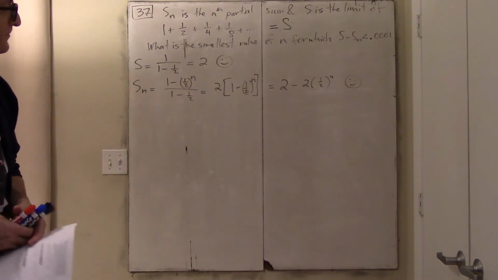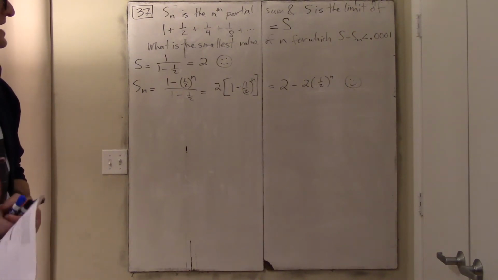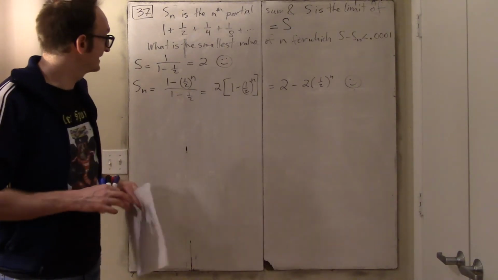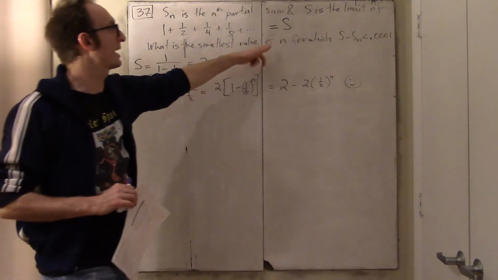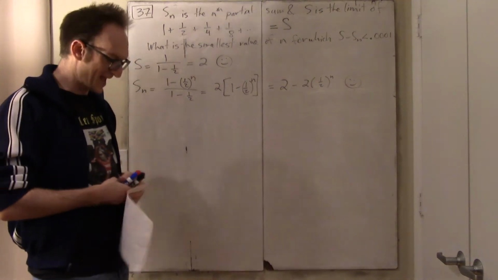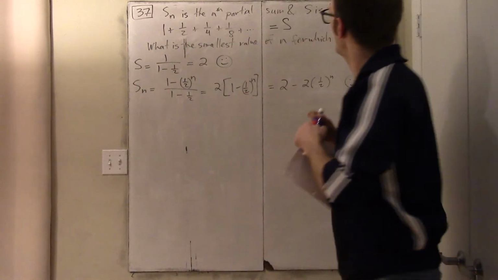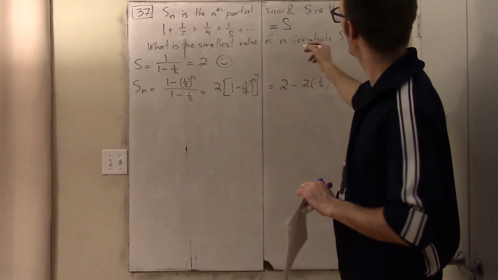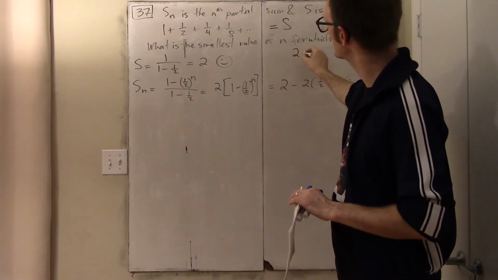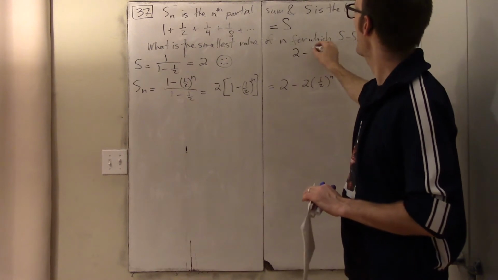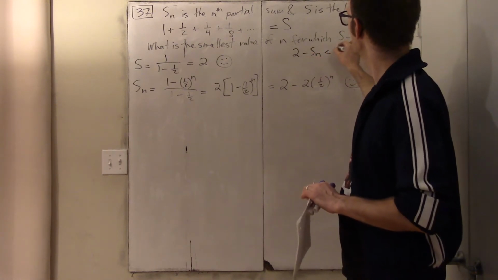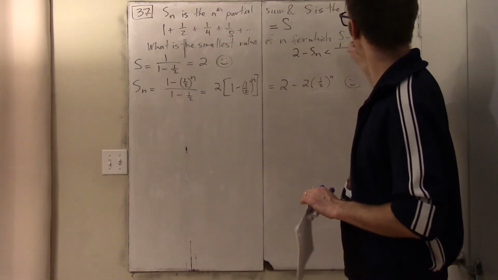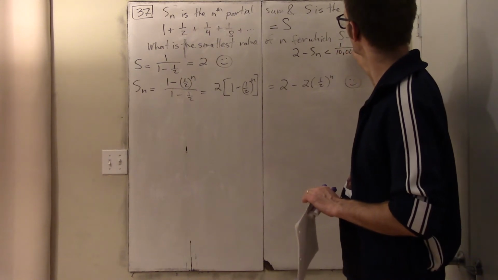So really, when they say what is the smallest value, okay. So once I know that S is 2, then maybe I'm going to rewrite this thing that they're asking for. What are they asking for? They're saying, all right, what is the difference between 2 and the nth partial sum less than 1 over, and I think that's 10,000.